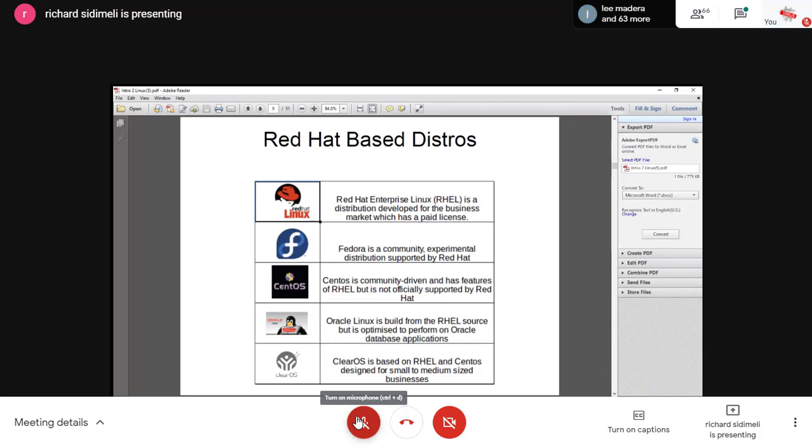It's not as popular, but it is popular among those who are dealing with Oracle Linux. We are interested in database applications. And then you will realize that there is also another called Clear. I don't even use it much.